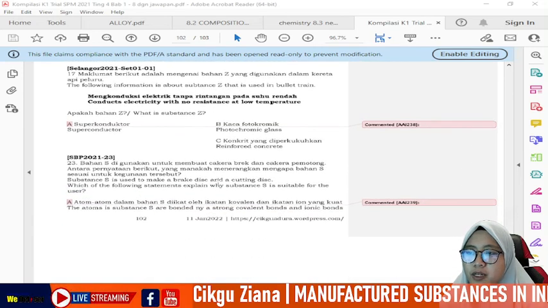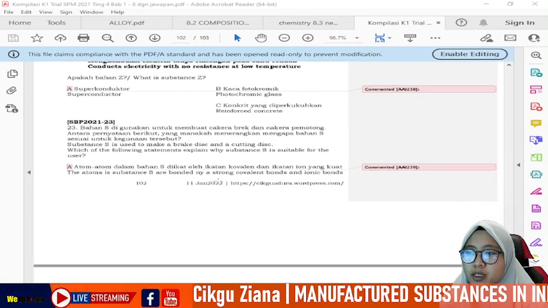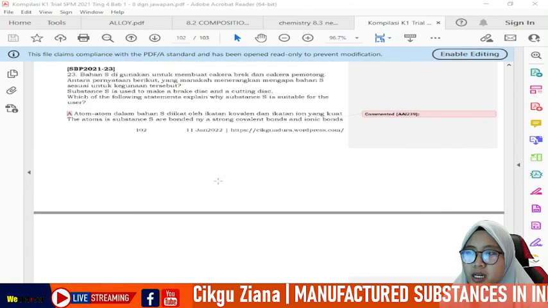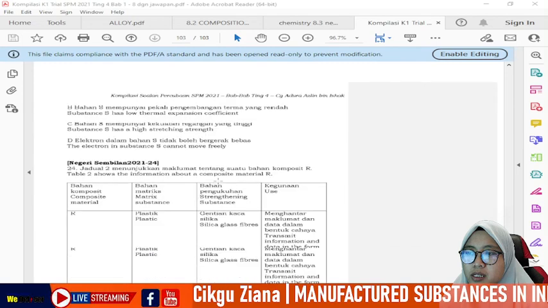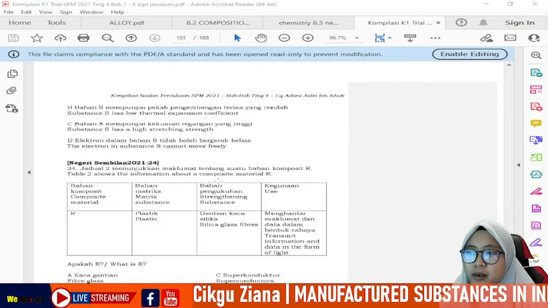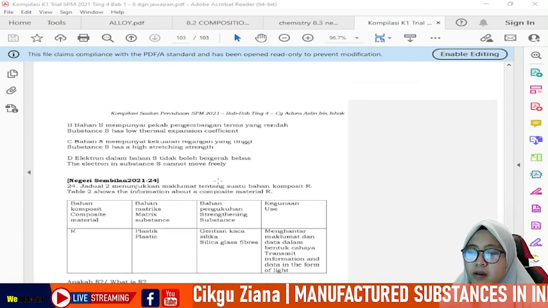Okay, SBP. Substance S is used to make a brake disc and cutting disc. Okay, which of the following statements explains why substance S is suitable? Okay, which one? A. Substance S has low thermal expansion coefficient.